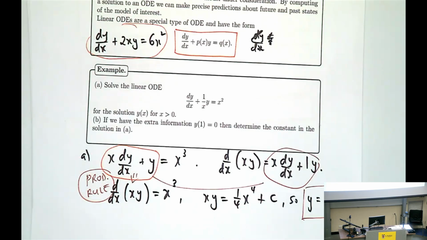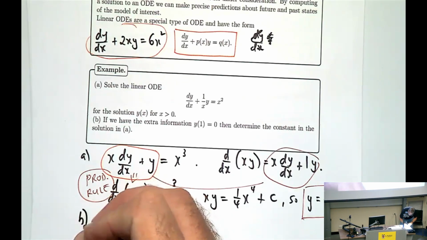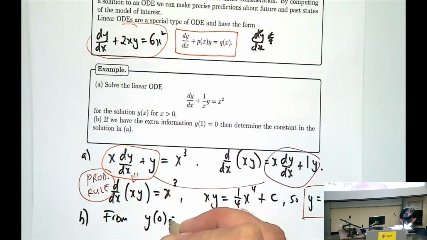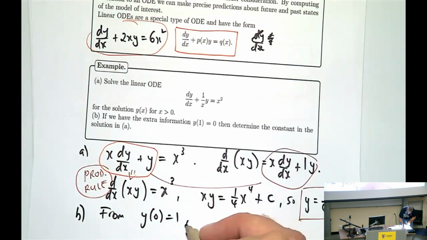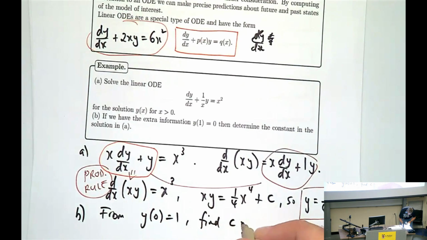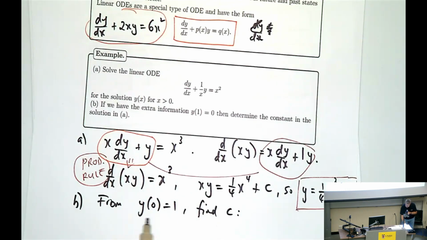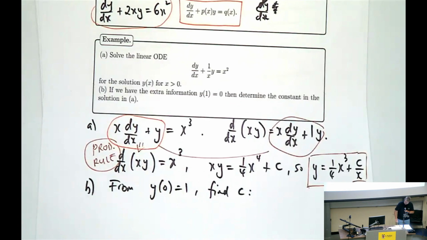Okay, so let's get that constant of integration now. How do we do that? Well, we're going to use part B. We're going to find that C in there by introducing this data.